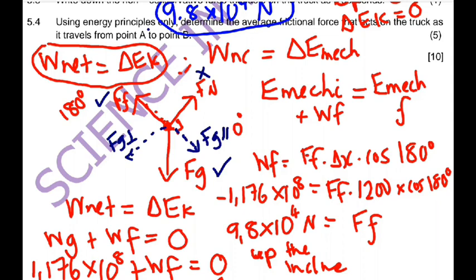Okay, but if you look at this formula, it basically boils down to the same that we've done. Work done by friction is equal to 0. How so? Well, the non-conservative force we've identified is the frictional force.